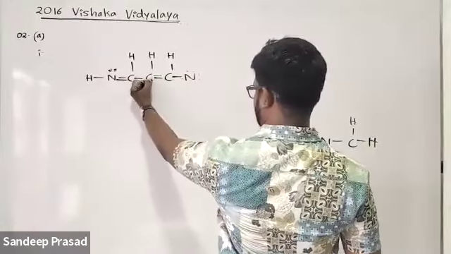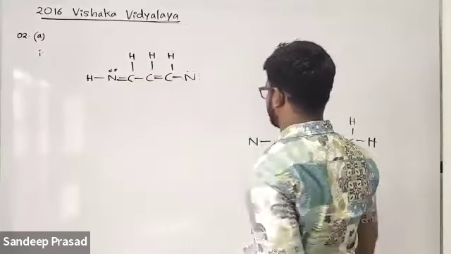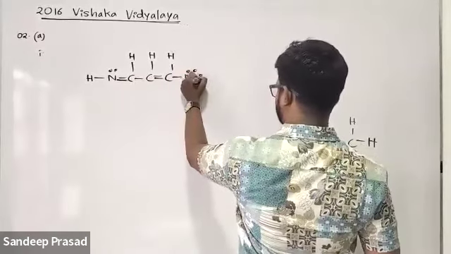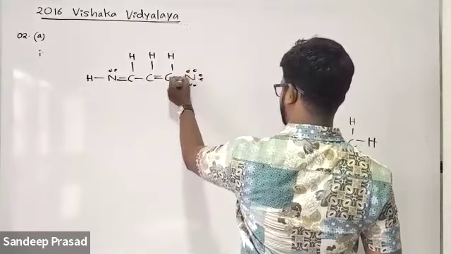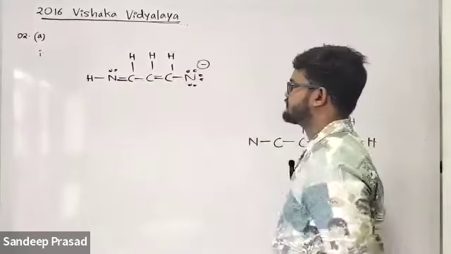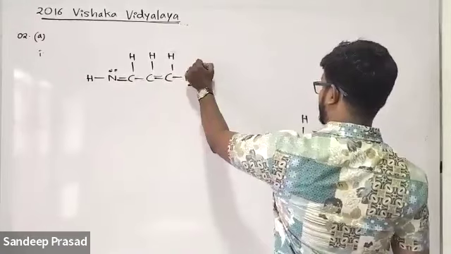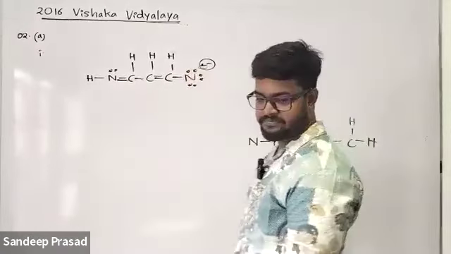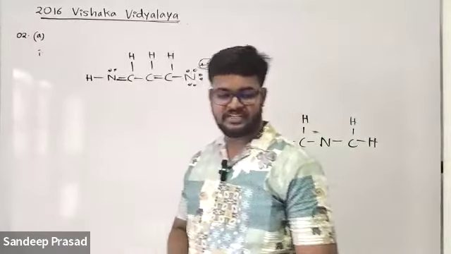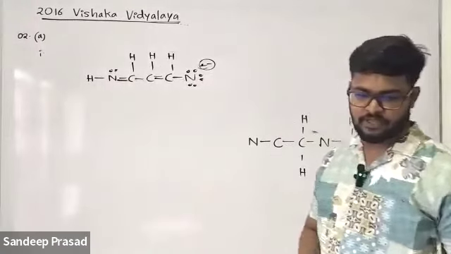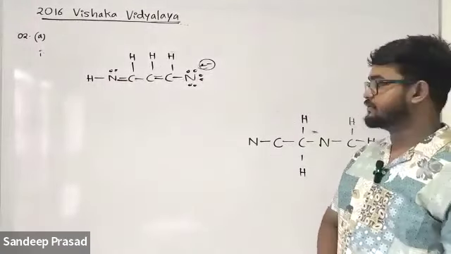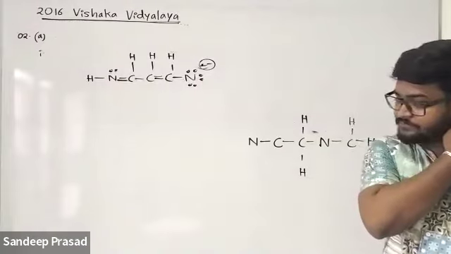Carbon is satisfying the octet, carbon is satisfying the octet, carbon is satisfying the octet. But here nitrogen has 1, 2, 3, 4, 5, 6, 7, negative sign. 7 means actually 2 minus. So can you understand the skeleton is wrong? Whatever you try, actually you will have a charge.